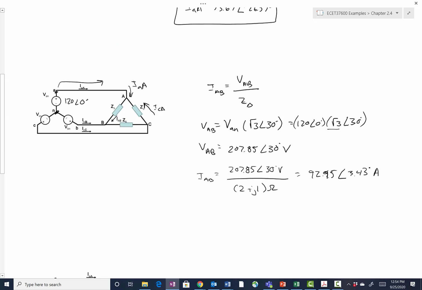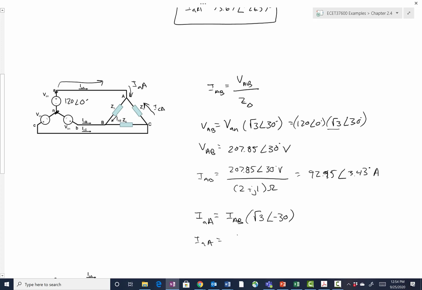And what you should remember from the text is that IAA is equal to IAB times square root of 3 at angle negative 30. Right?